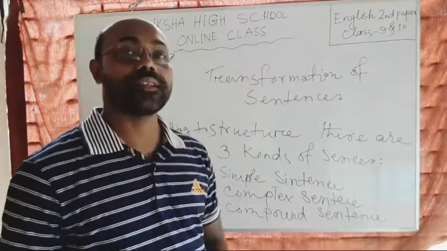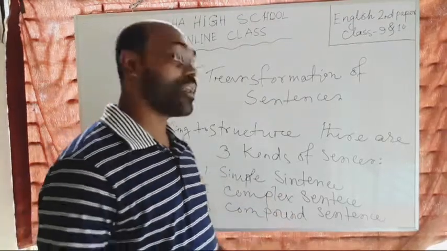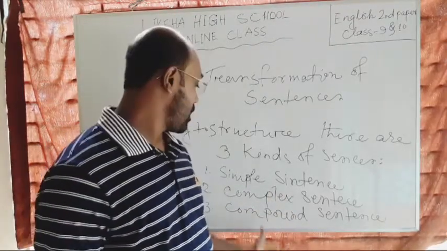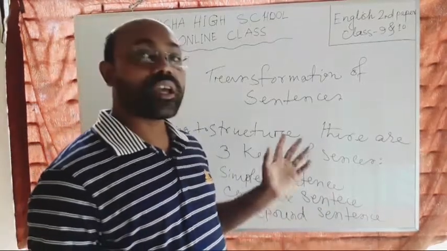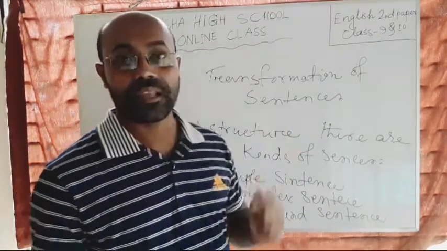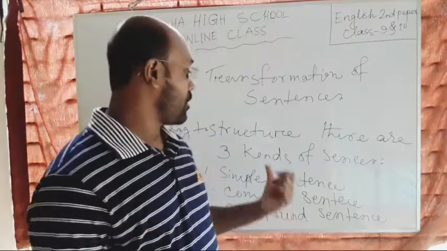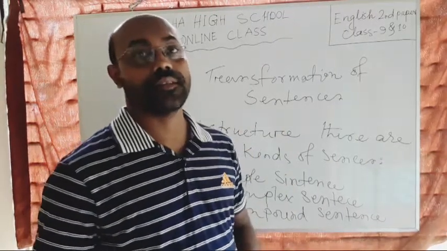Number 1, simple sentence. Number 2, complex sentence. And number 3, compound sentence. So, dear students, today I will discuss how we can identify these three kinds of sentences.